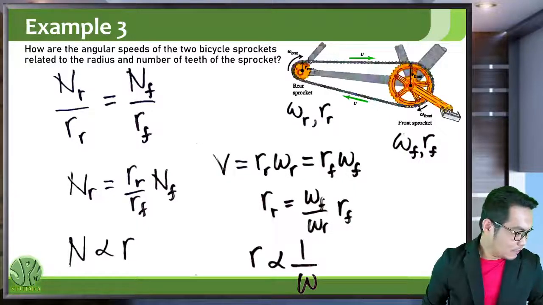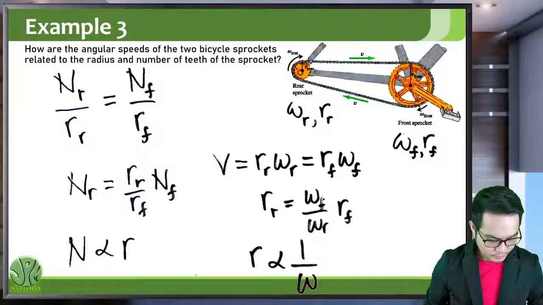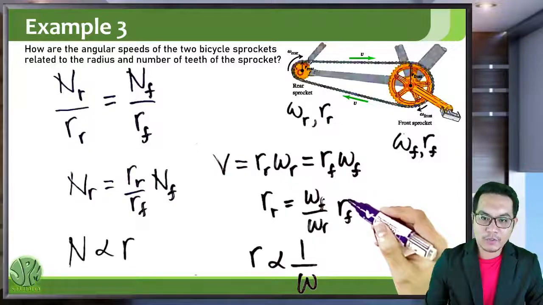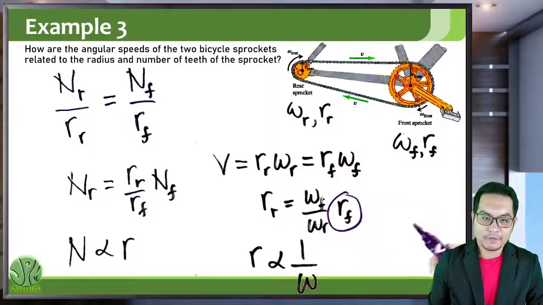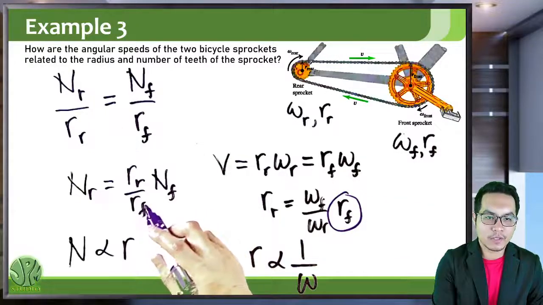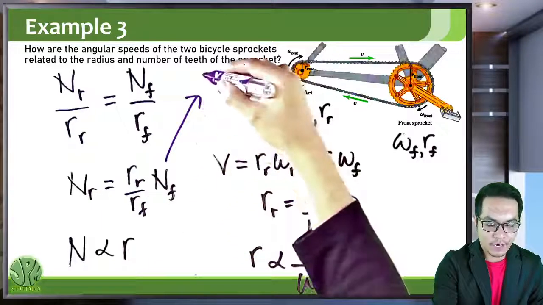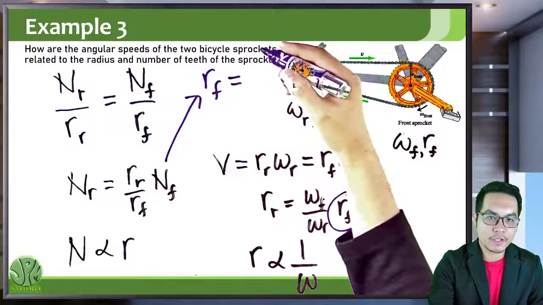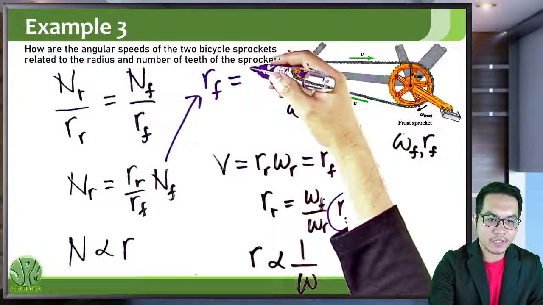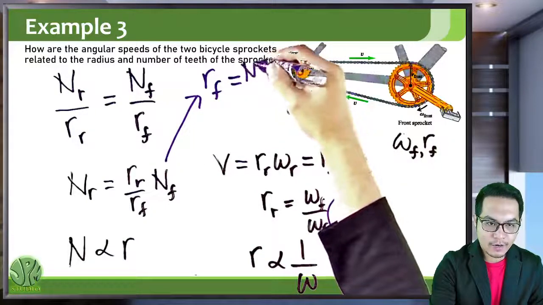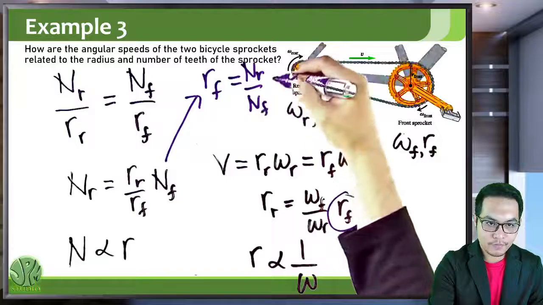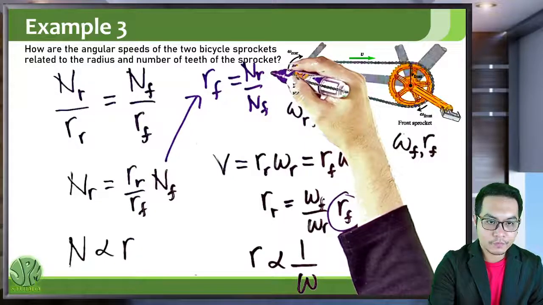So from here, we can solve for r_f in terms of the number of teeth. r_f, the radius of the front, can be written as n_r over n_f.